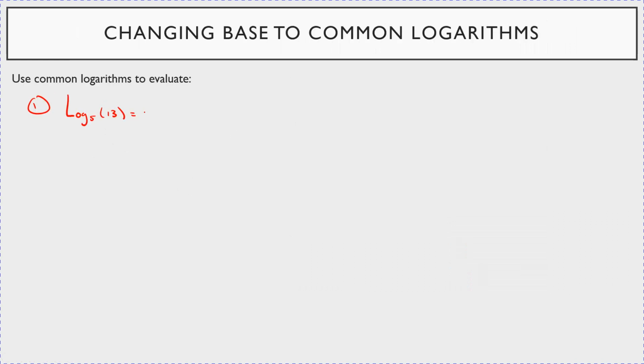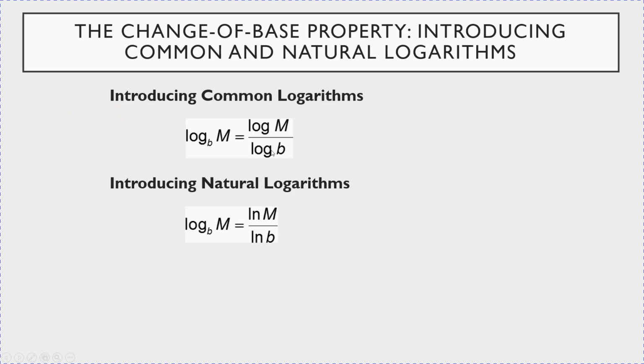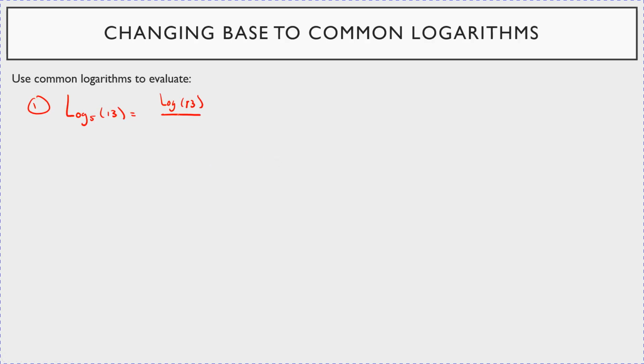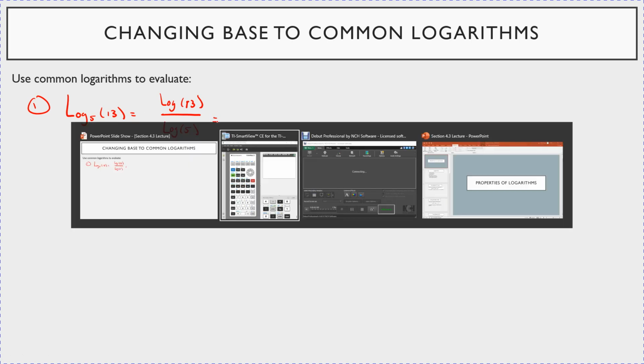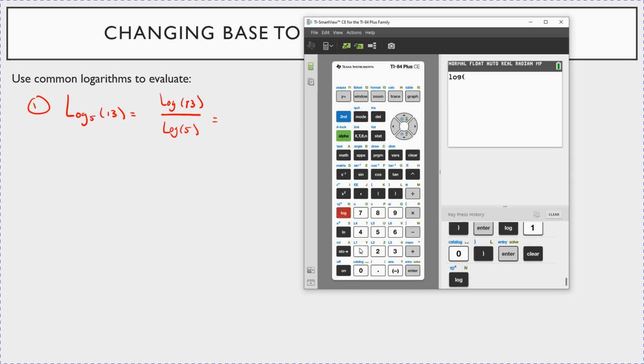My m here is 13, so log of 13, divided by log of b, the base. Here the base is 5. So now you can evaluate this. This becomes log of 13 divided by log of 5, and you get 1.594 when I round it to 3 decimal places.